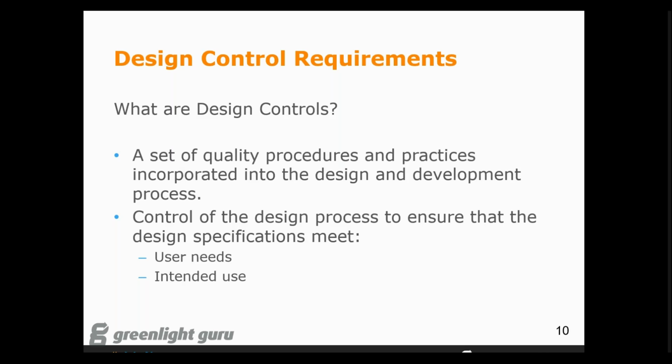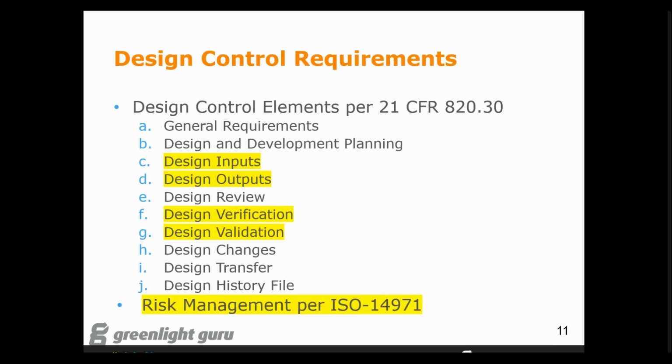So what are design controls? It's a set of procedures and practices for the design and development process, and the purpose is to ensure that the products that are manufactured are going to meet the user needs and intended uses. So within the design control regulations, this is a list of the different elements that are covered.